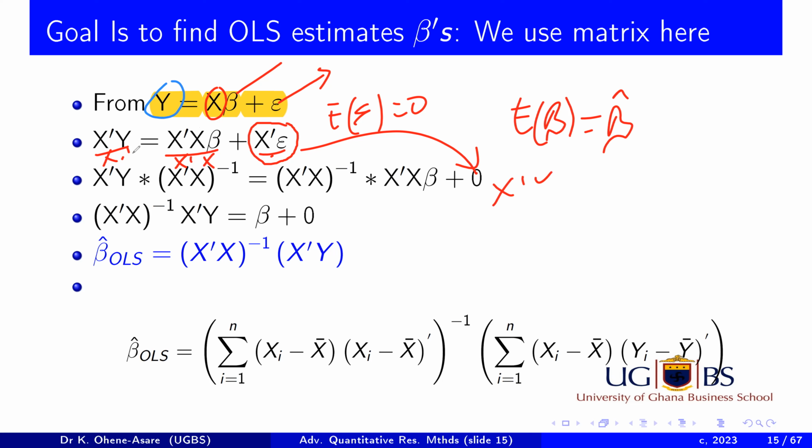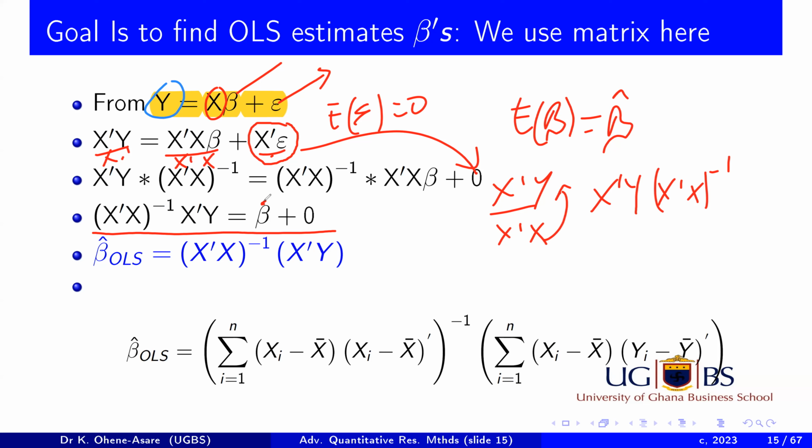And x prime y over x prime x, if it is a ratio, I can move the denominator upward so that you are getting x prime y, take this one up, then it becomes x prime x to the power -1, because you just moved it from the denominator to the numerator by virtue of transpose. That is it, and that is what you have down here. Therefore, we can say that the beta cap is equal to (x prime x) to the power -1 times x prime y. This is what is known as the OLS beta.